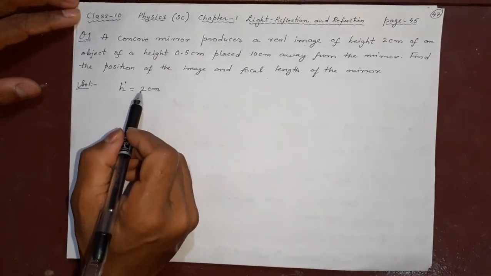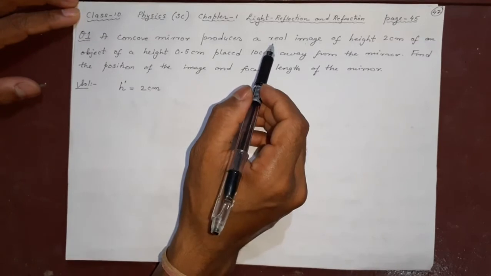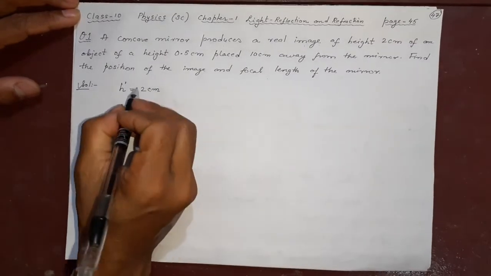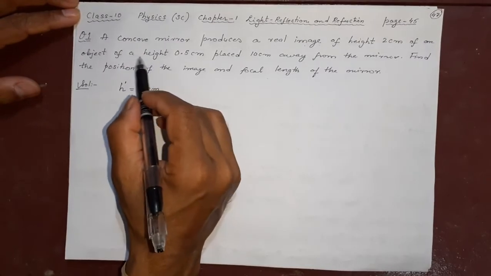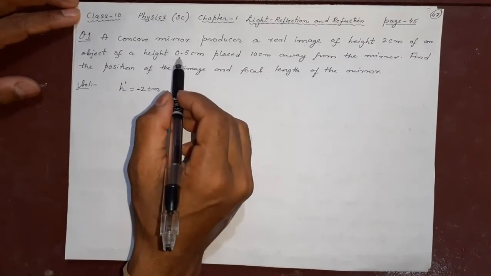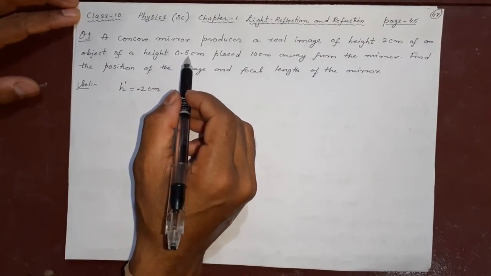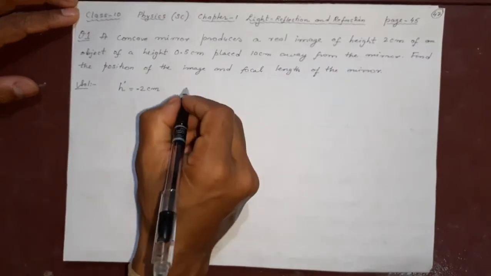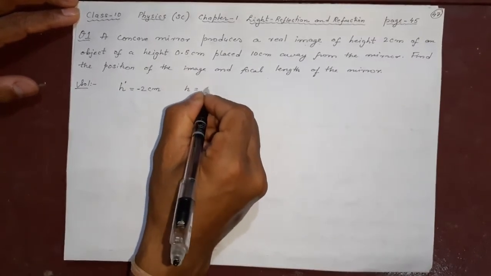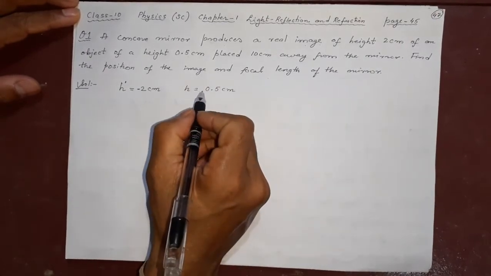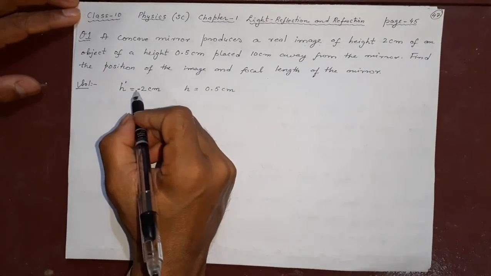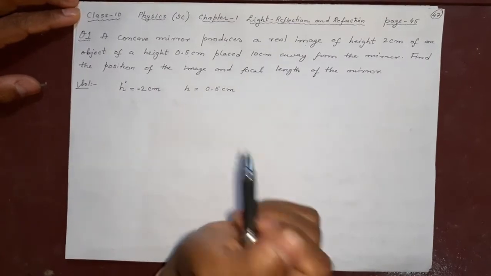The image has 2 centimeter height, and real means inverted, so h dash is minus 2. Object height is always positive, image is negative because real is inverted.